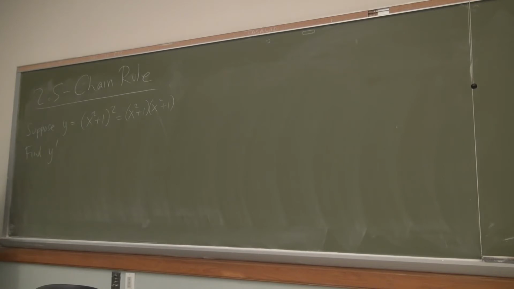So it would be 2 times (x squared plus 1), times 2x. Basically the power rule with one extra step. Okay, all right.